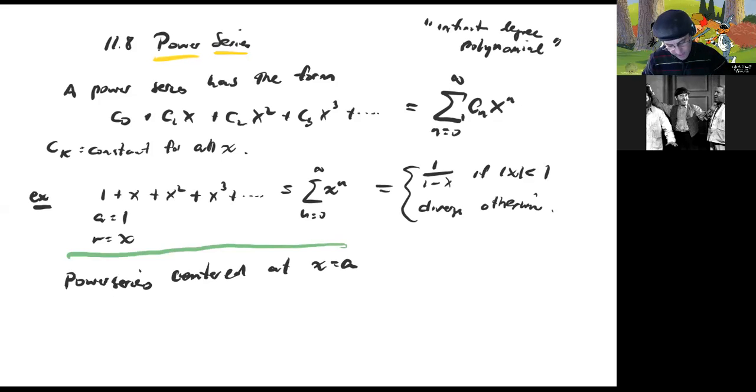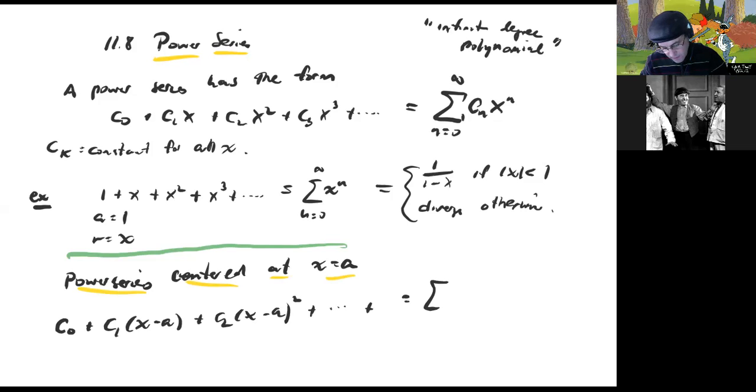Well, this will be a series of the following form: C0 plus C1 times (x minus a) plus C2 times (x minus a) squared, etc. In other words, it's equal to the sum of Cn (x minus a) to the nth power, n goes from 0 to infinity. Okay, so that's the notion of a power series centered at a.